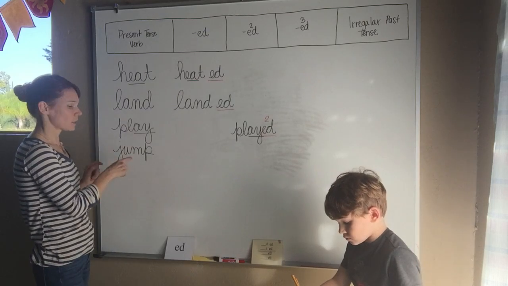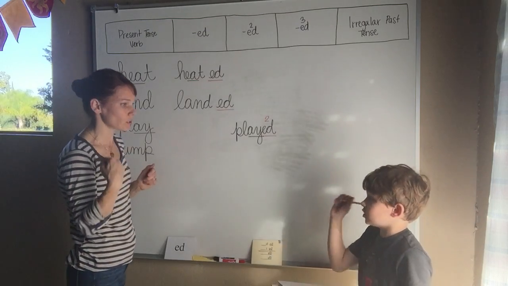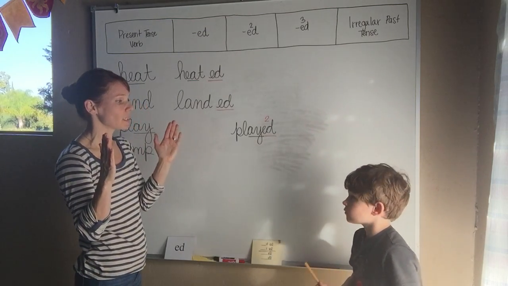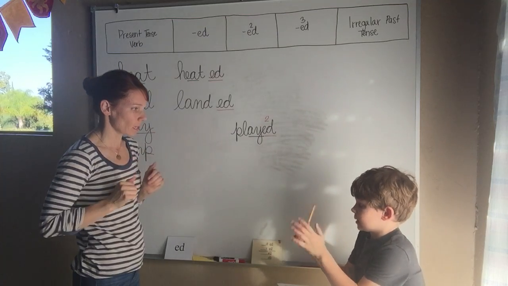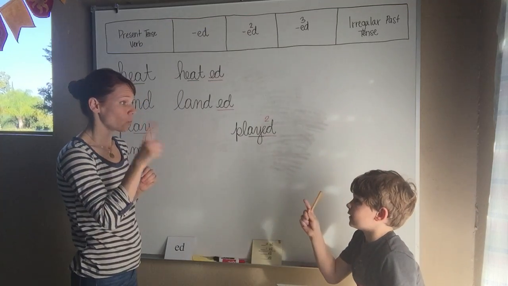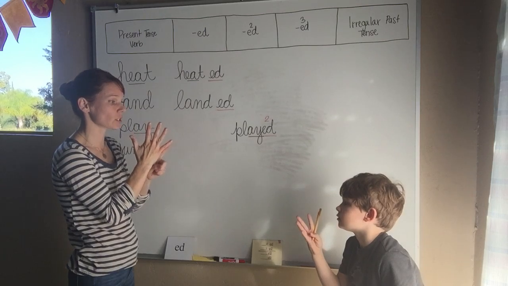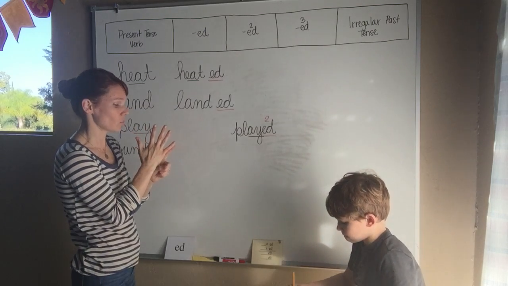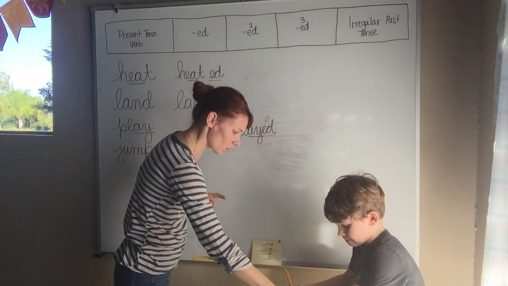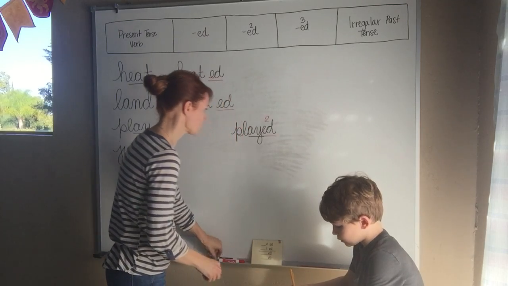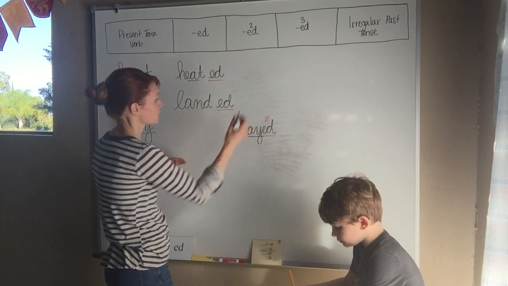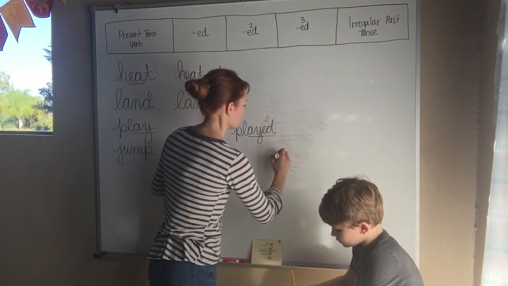Okay, so today I jump, but yesterday what did I do? I jumped. Let's check our syllables. Ready? Jumped. How many syllables? One. So we think J, A, M, P, T with ed, all in one syllable. So follow all the way over into your third sound. Okay, let's write it and say it as we write it.